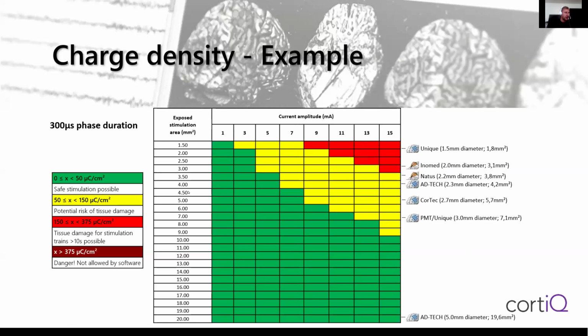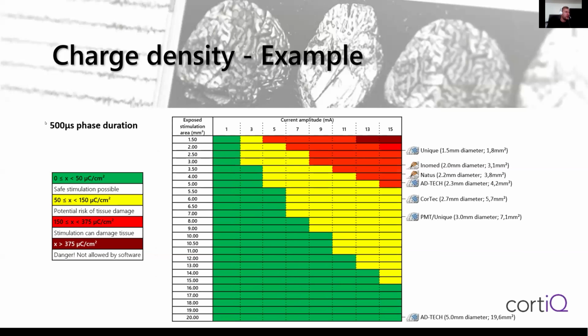Here you can see for different electrodes, if it's green, then we can do long-term stimulation with no problem. Yellow is the transition from long to short-term stimulation, and the bright red can only be done for short-term stimulation of less than 10 seconds. For example, with 1.5 millimeter electrodes, we can stimulate up to 15 milliamperes with no problem.